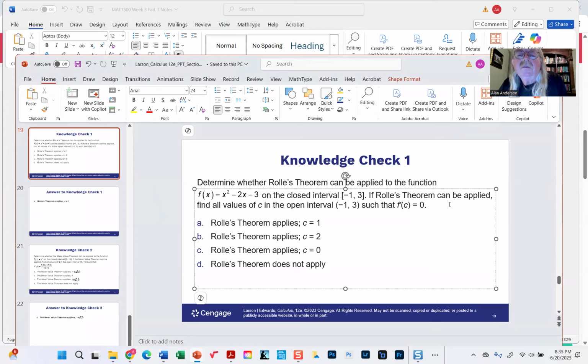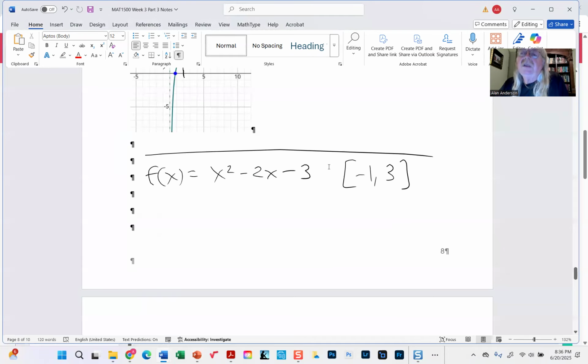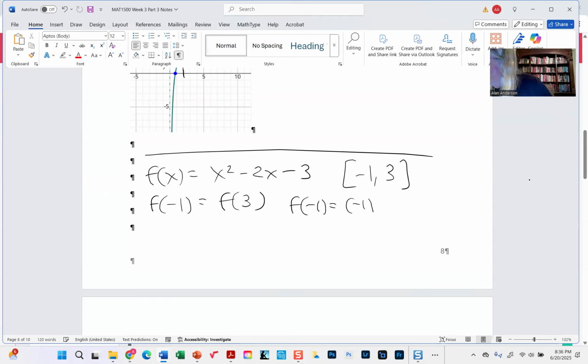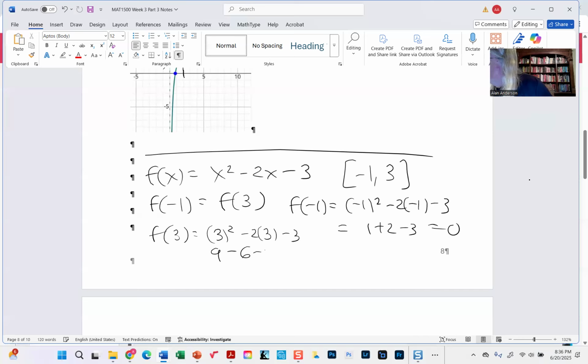Okay, so first of all, it's a polynomial. We know that it's continuous and differentiable. So what we are really interested in here is showing that these two are equal to each other. If they're not, then that's it, the theorem doesn't hold. Okay, so we have a result.